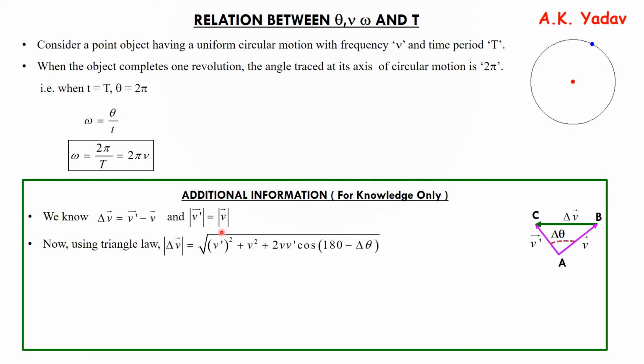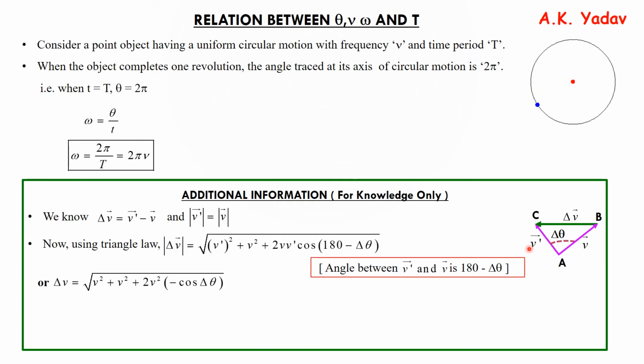This was delta V. Now using the triangle law, we can write delta V is equal to the square root of V dash square plus V square plus 2 V V dash cos of (180 minus delta theta). The angle between V dash and V is 180 minus delta theta. So we can write delta V, as V dash and V are the same in magnitude.